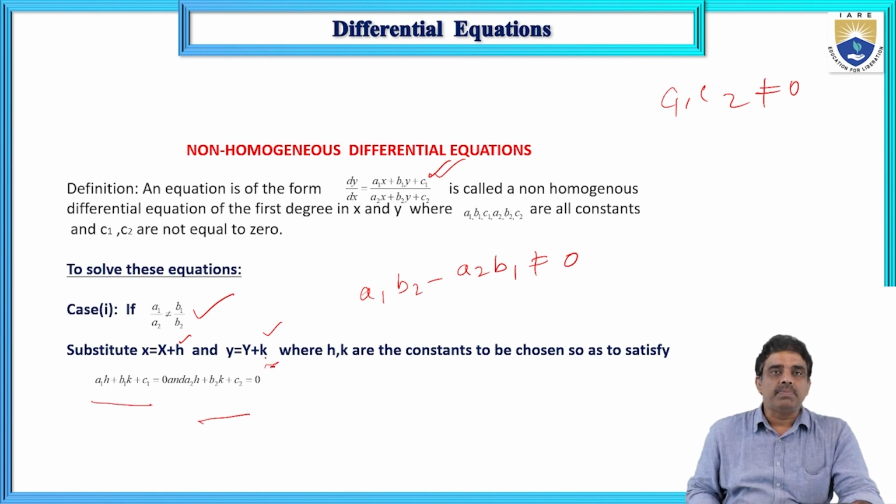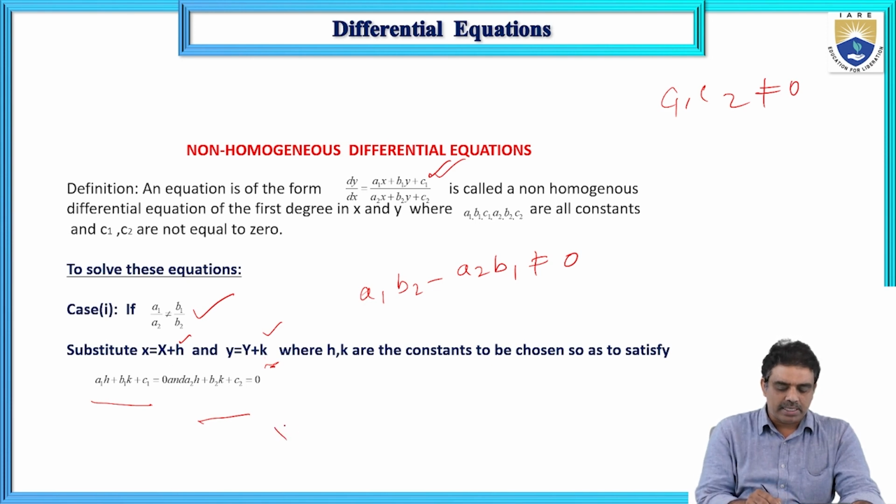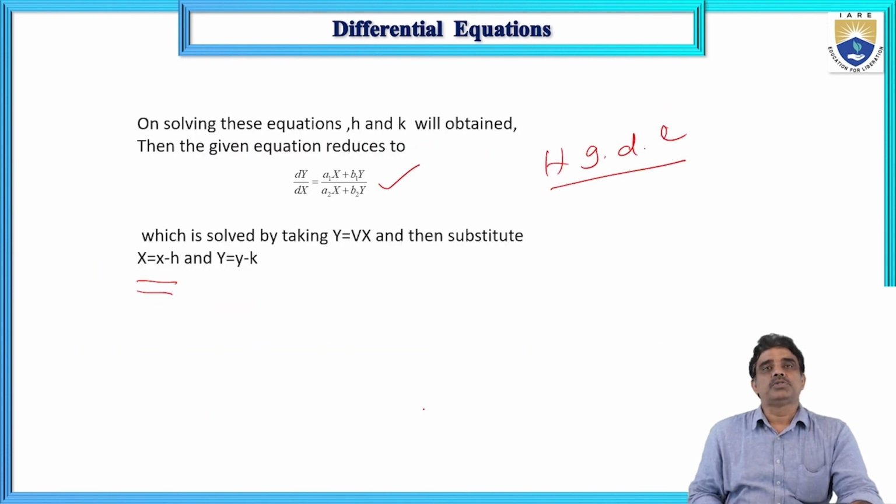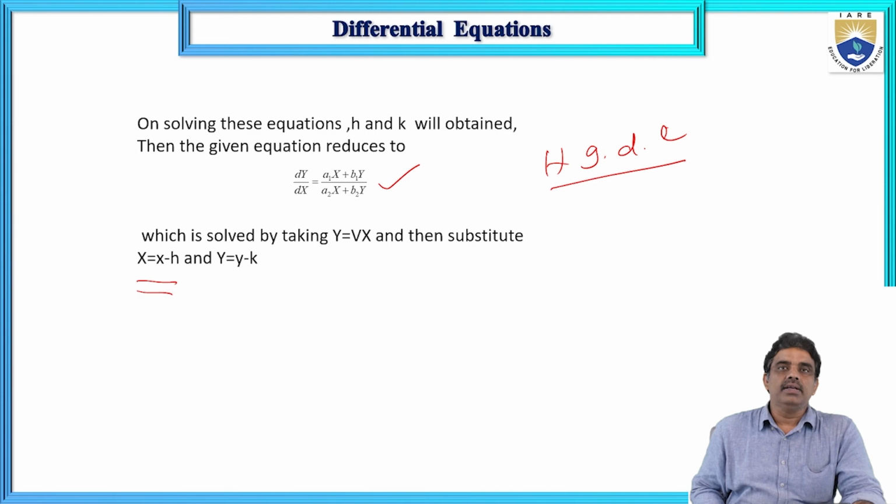So capital X becomes small x minus h, and capital Y becomes y minus k. Finally, on substituting these, we get the required solution. So if the given equation is a non-homogeneous differential equation and a1 b2 minus a2 b1 is not equal to 0, then we follow this procedure.